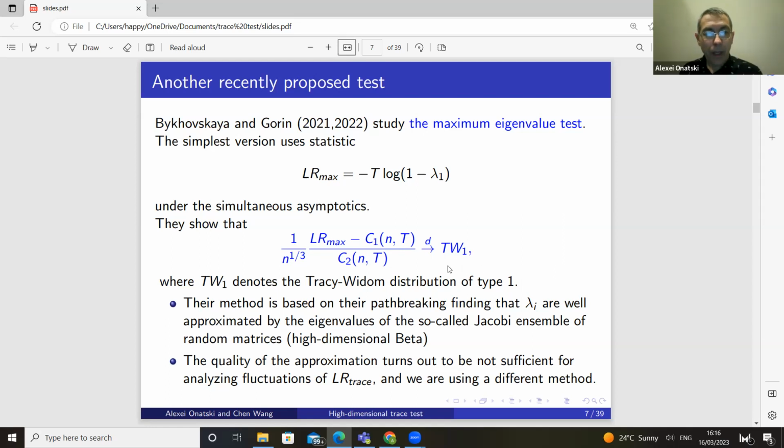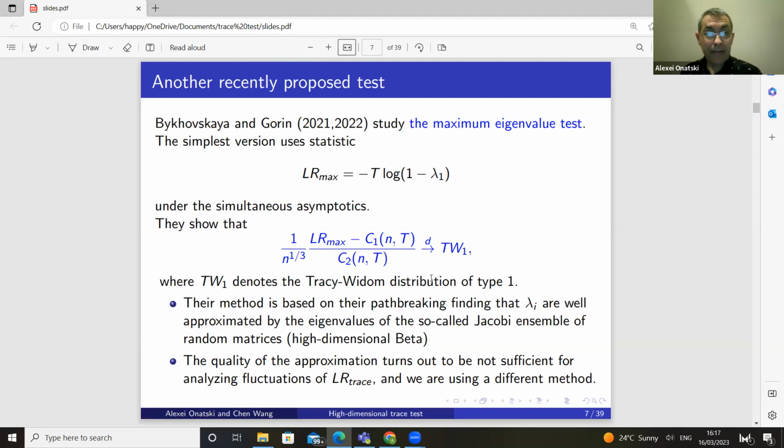So this Tracy-Widom distribution appears a lot in random matrix literature, and you can think about it as, for example, distribution of scaled and centered largest eigenvalue of a sample covariance matrix of IID noise, for example, IID Gaussian noise.